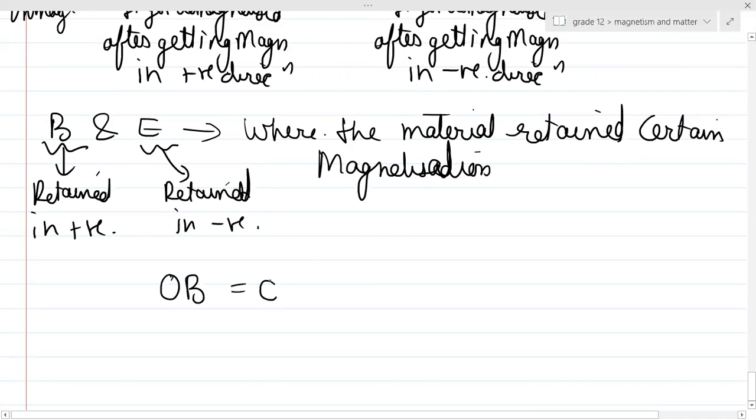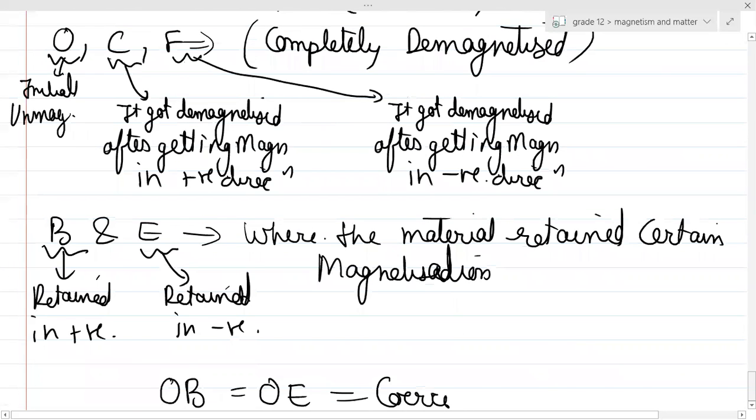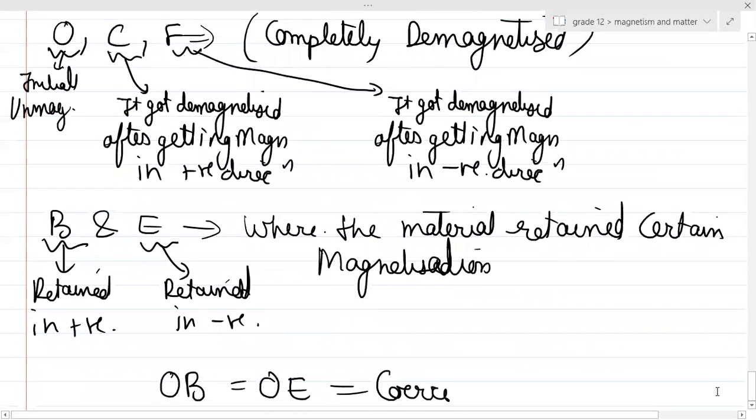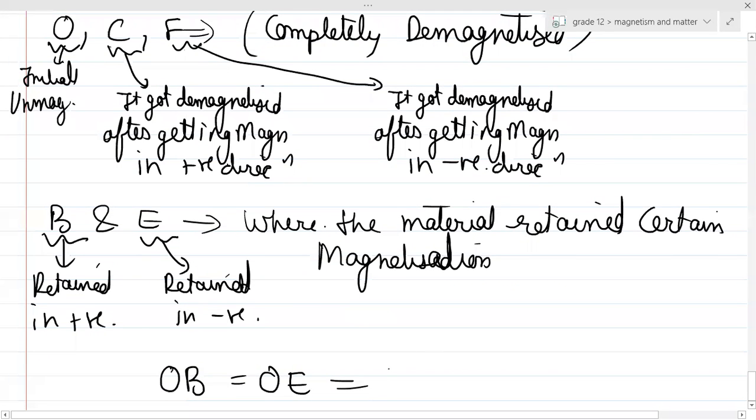Please remember, OB and OE is called as retentivity. The magnitude shall be equal.